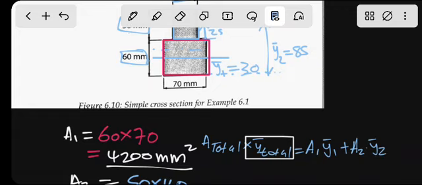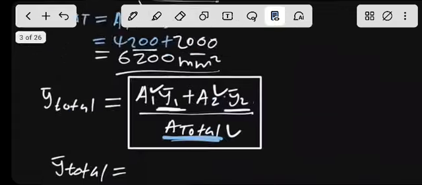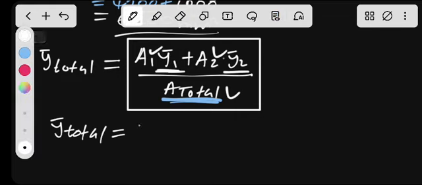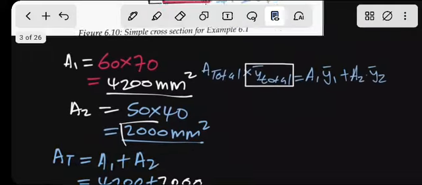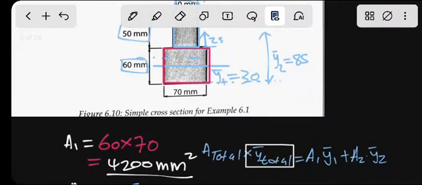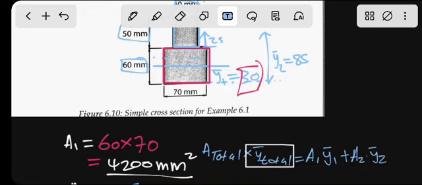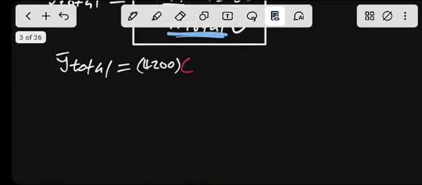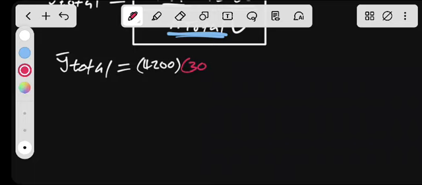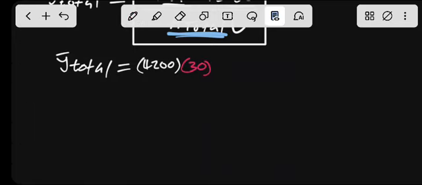Area 1 is 4200. Multiply this by what? Multiply this by y bar 1. What is y bar 1? It is 30, since we have shown that. We're still together.